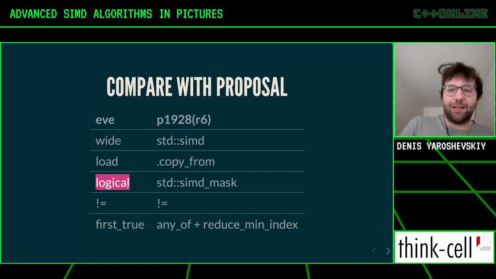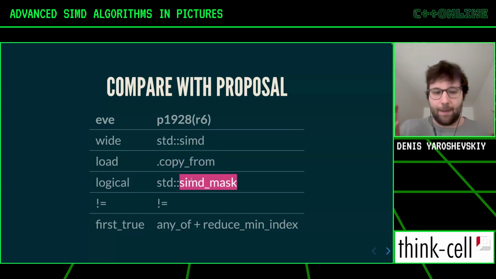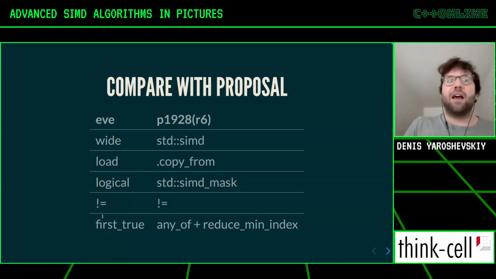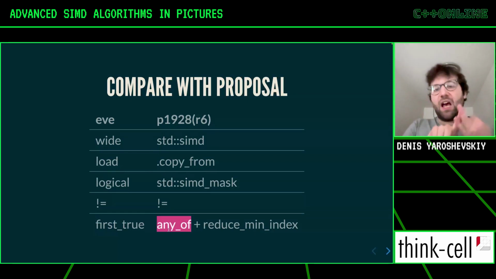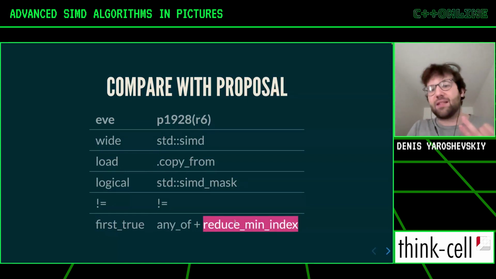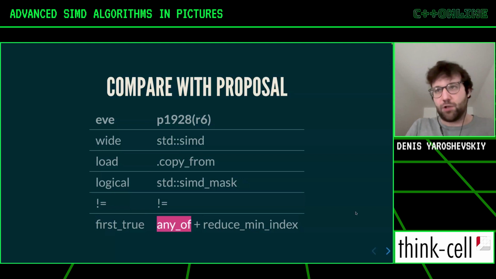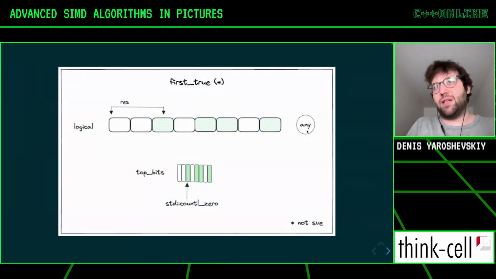What we call logical, they call SIMD mask. They have the same not equal operations. And finally, what we call first true, they split into two: an any of function, and a function called reduce min index that requires any of to return true.